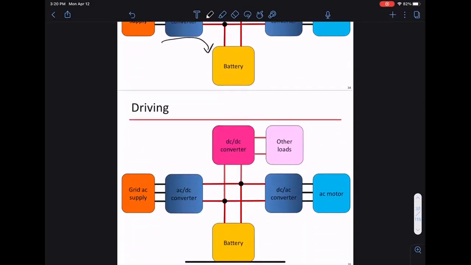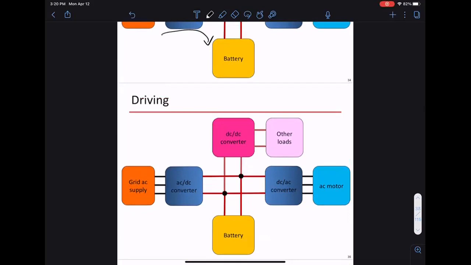We have driving, as in the battery going to the AC motor. You pull power this way. We need a DC to AC converter because I need to drive. I need something that's variable frequency, but to drive a motor, I still need AC power. When you build an electric vehicle, the motor itself has not changed very much.